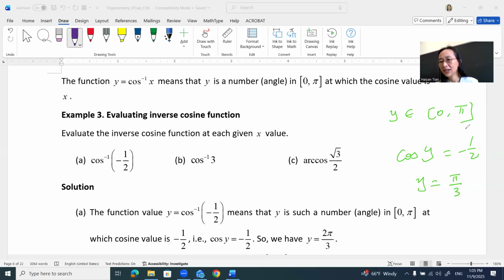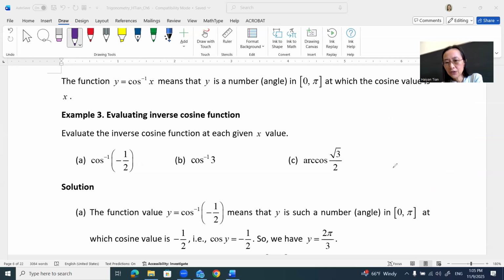But if it's negative half on this interval, it will be pi minus pi over 3. So it's 2 pi over 3. Yeah, so that is the answer.